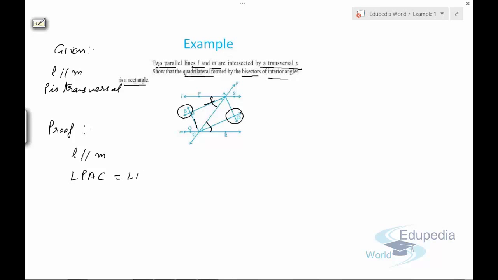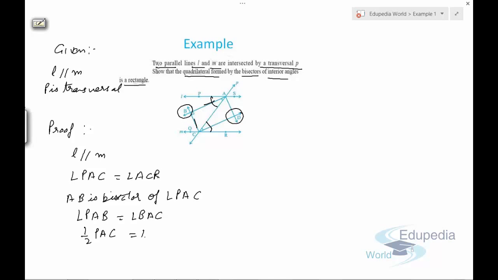Since AB is a bisector of angle PAC, we can write that angle PAB equals angle BAC, or half of angle PAC is angle BAC. Let it be first.